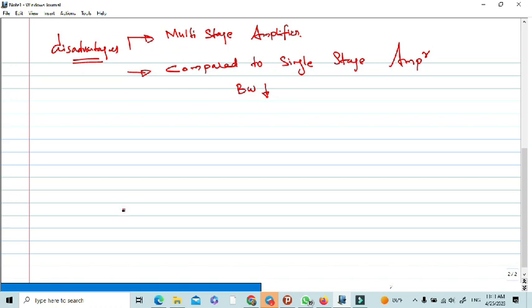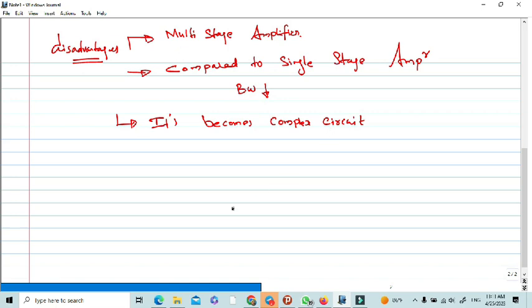And everyone knows it is multi-stage. Multi means complex only. So it becomes a complex circuit. So what happened?